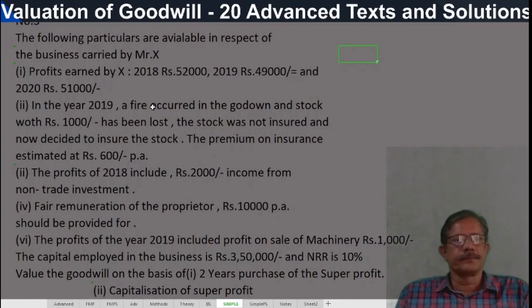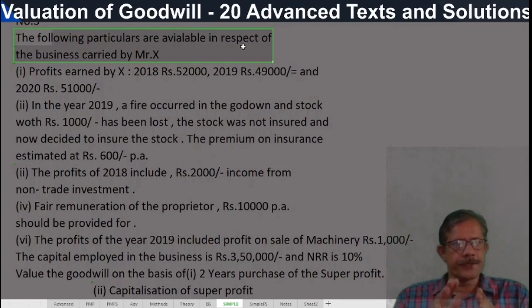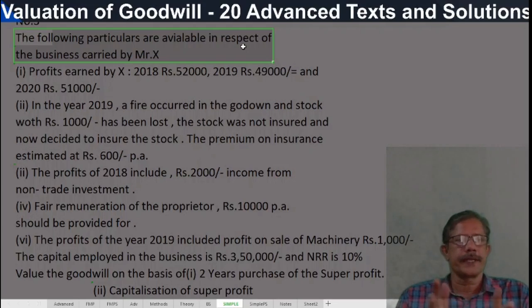Next question. The following particulars are available in respect of the business carried on by Mr. X. The profits earned by X in 2018, 2019 and 2020 are given. These may be adjusted first.